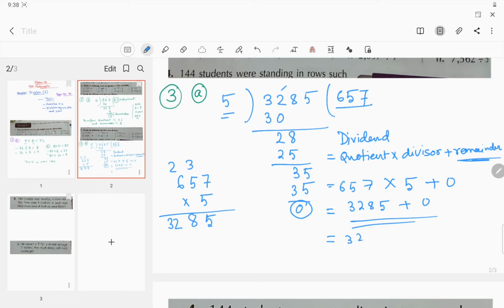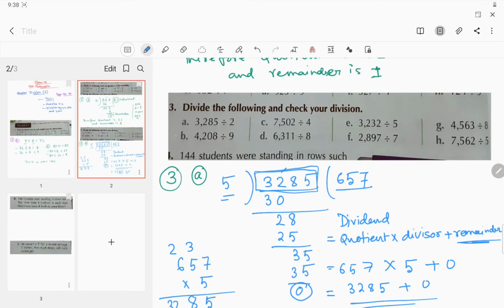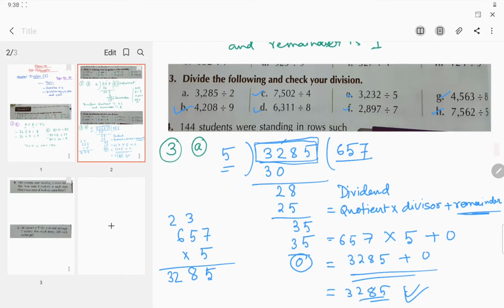So what do you get? You get our dividend. This is the way to check your answer. This is a very simple process, so do it in the same manner and try to solve the rest of the problems. Solve question number B to H, all the questions in your copy.